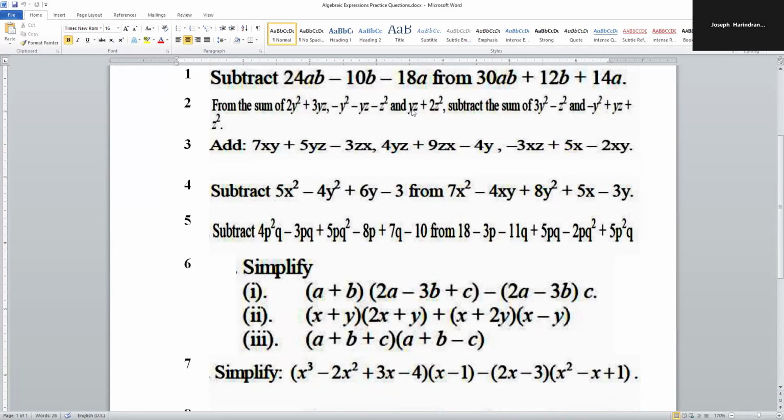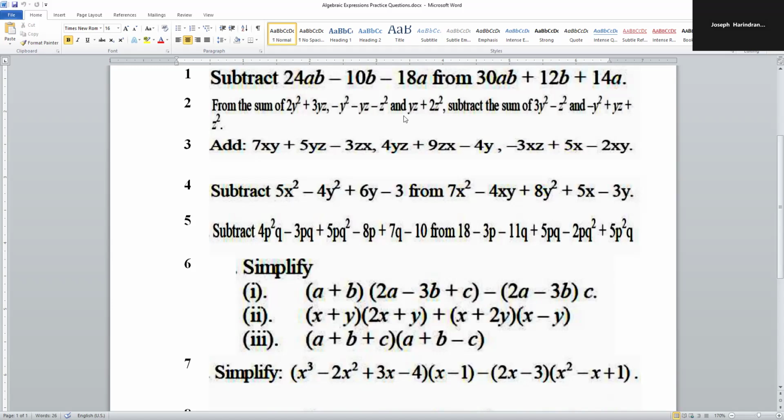You can add them with pluses in between, within brackets, and group the like terms. The y squared terms together, the yz terms together, and the z squared terms together.